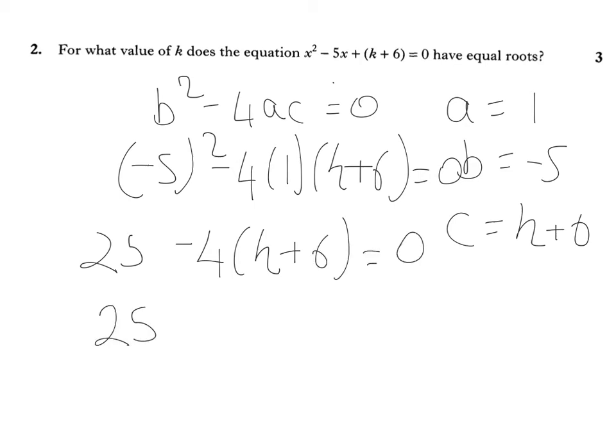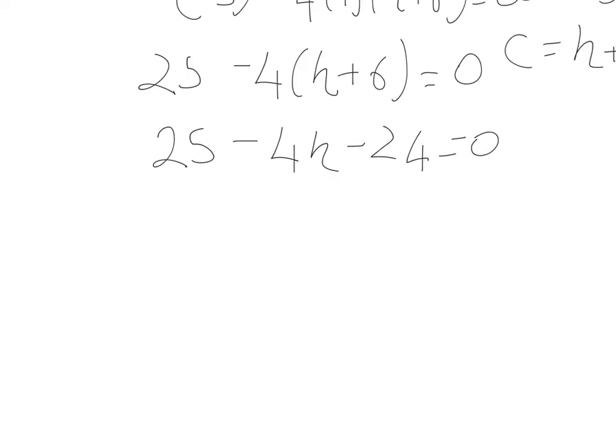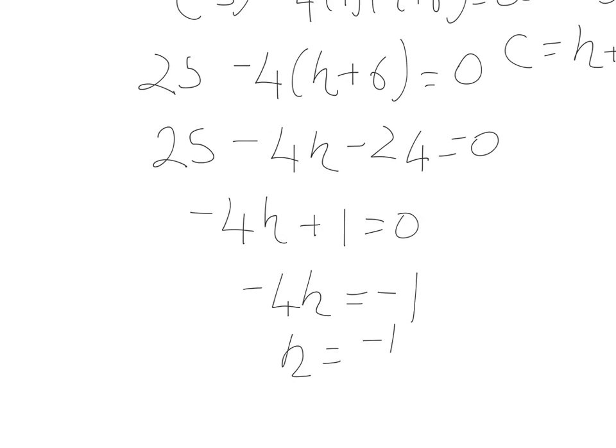So that's 25 minus 4k minus 24 is equal to 0. So it's minus 4k plus 1 is equal to 0. Minus 4k is equal to minus 1. And k is equal to minus 1 over minus 4. And that's 1/4, and that's the final answer.